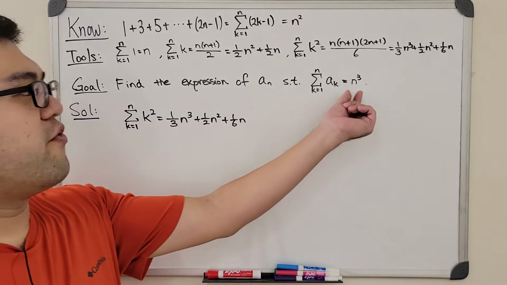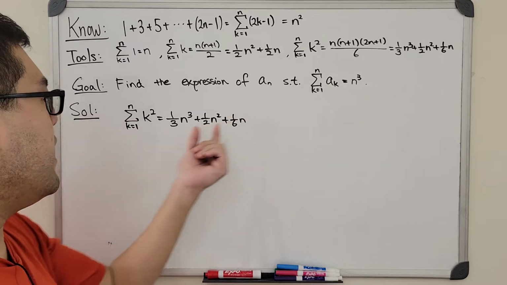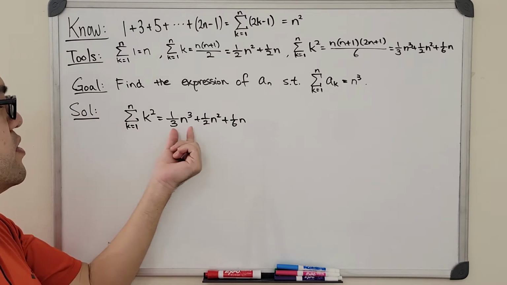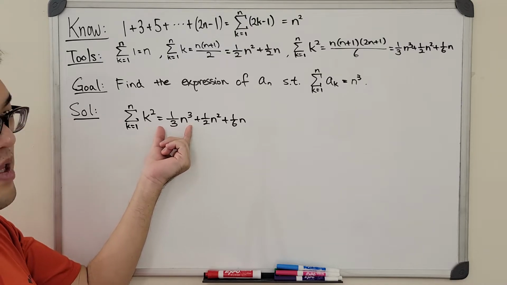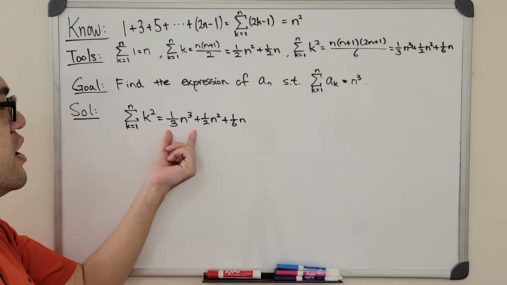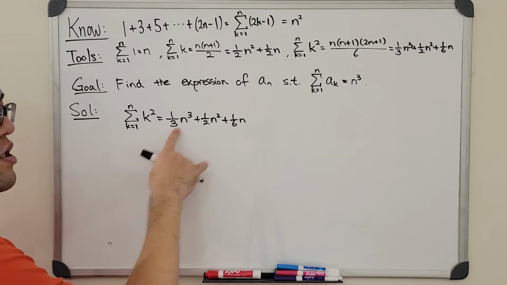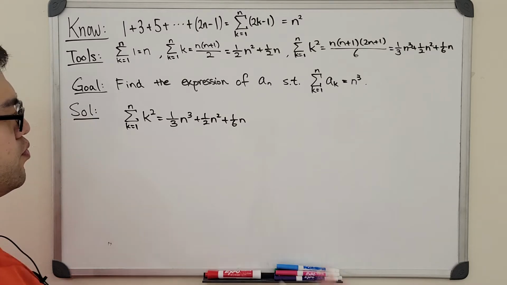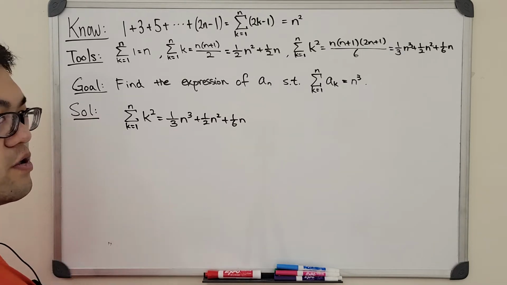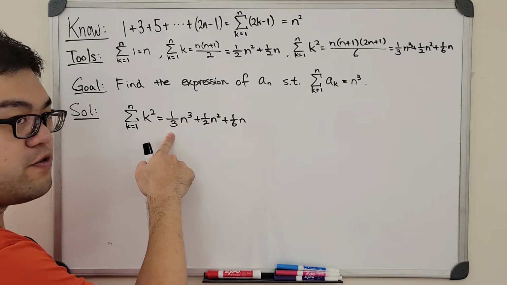Since our final goal is to get n cubed, and this expression has n cubed, in fact n cubed is the leading term in this expression. But the leading coefficient is not 1, which is what we need. Instead, we have 1/3. We can just try to get rid of the 1/3. How so? Of course, we're going to divide by 1/3.